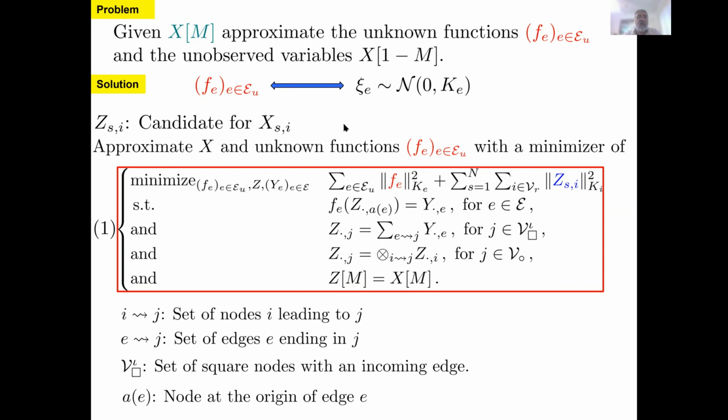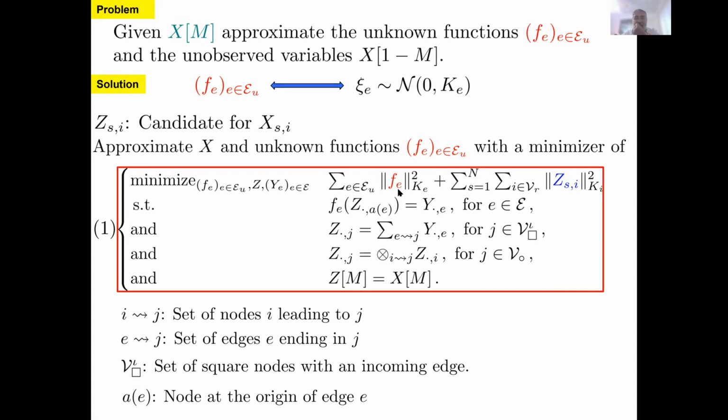This is equivalent to approximating the matrix X and unknown functions with a minimizer of the following variational problem, in which the quantity to be minimized is the sum of the squares of the RKHS norms of the unknown functions and random variables, subject to all the constraints imposed by the graph and the observed entries of the matrix X. The optimization variables here are the unknown functions, the candidates Z for our matrix X, and these variables Y that are defined as the output of all the functions of the graph.